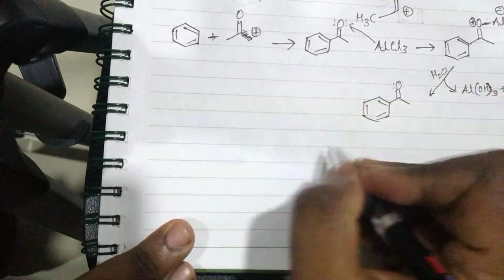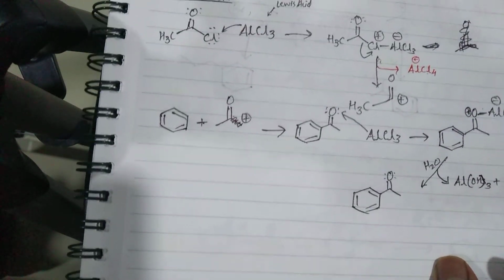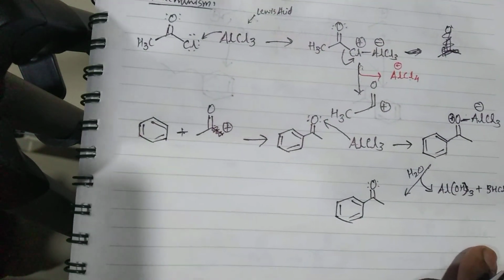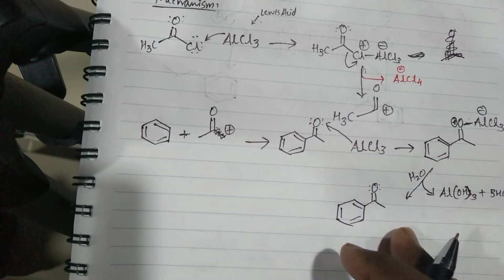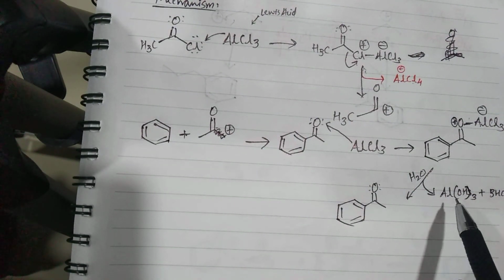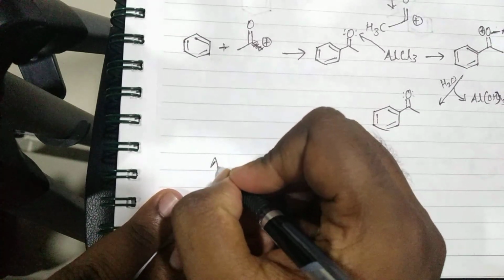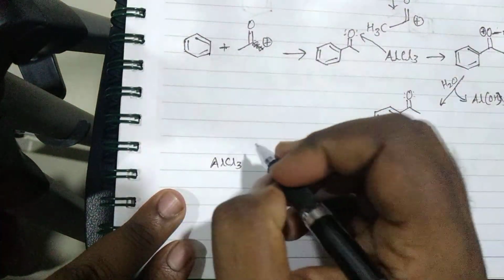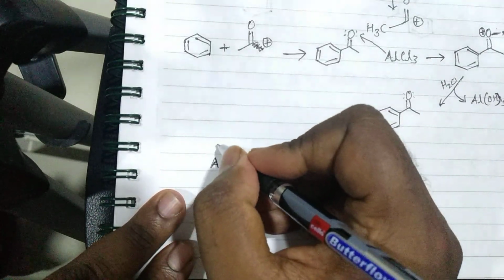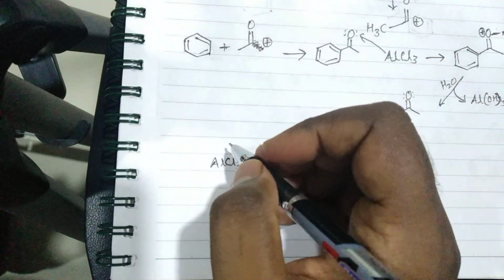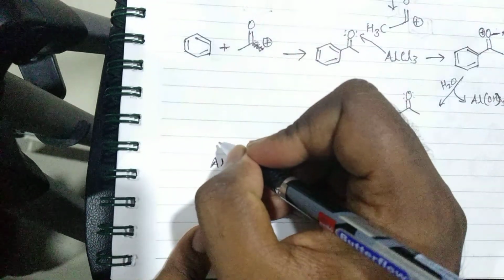I hope this mechanism is clear for everybody. You can all pause the video and go through the steps. Now I'll show you how this aluminum hydroxide is generated. You have AlCl3 here, with an excess negative charge due to the bonding that has been formed with oxygen.